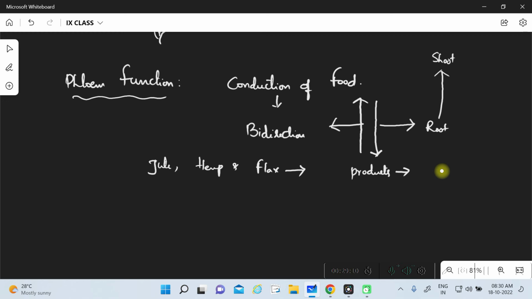So in general, that is the function of phloem. Now let us take a comparison of the xylem and phloem. Let us take the first property, conduction. In the xylem, the conduction is of water and minerals.